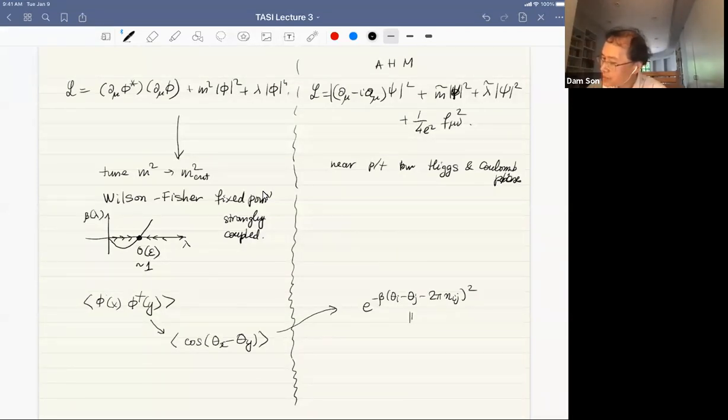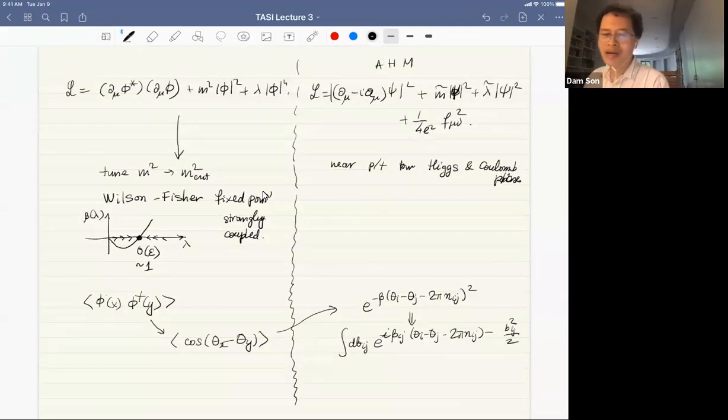We rewrite this as an integral over some auxiliary field B_ij of e to the minus i B_ij (theta_i minus theta_j minus 2 pi n_ij), and then minus B_ij squared over 2, with some coefficient that I'm not trying to make correct now.